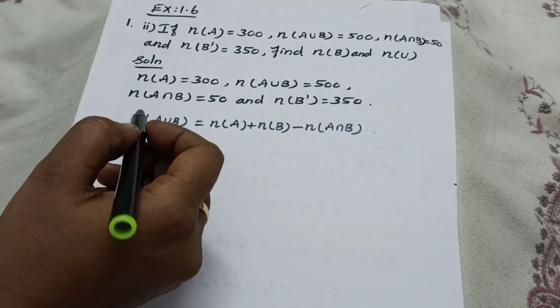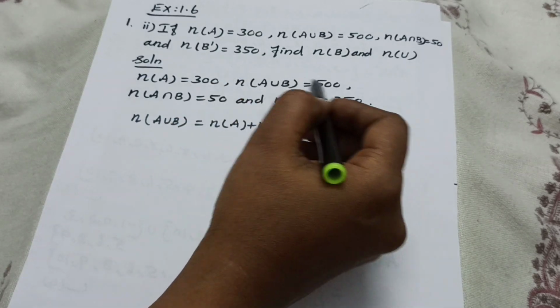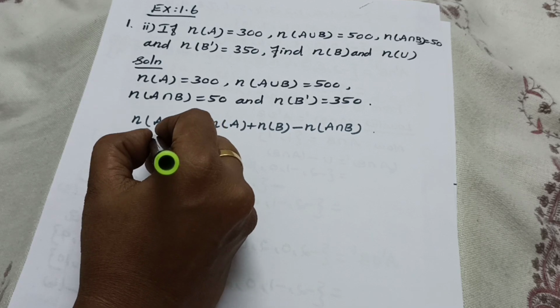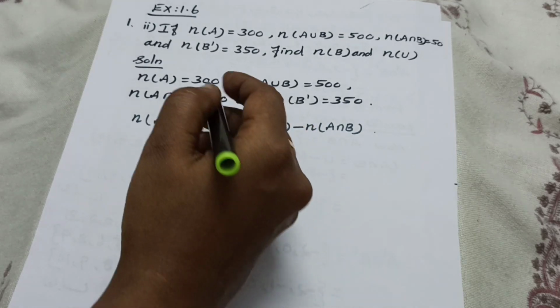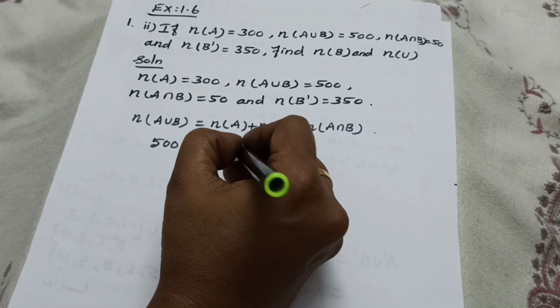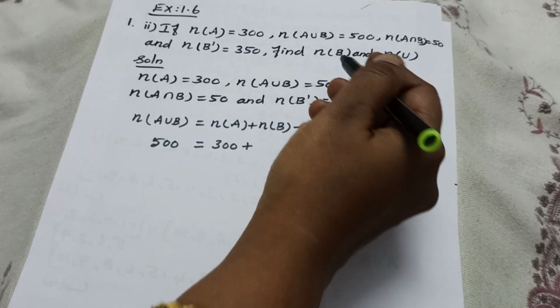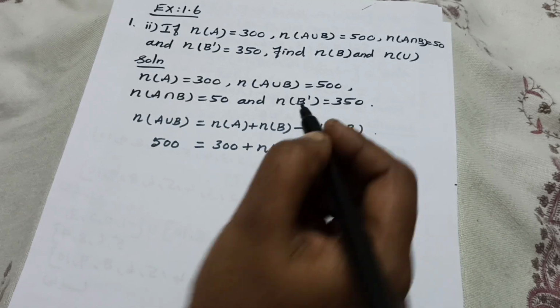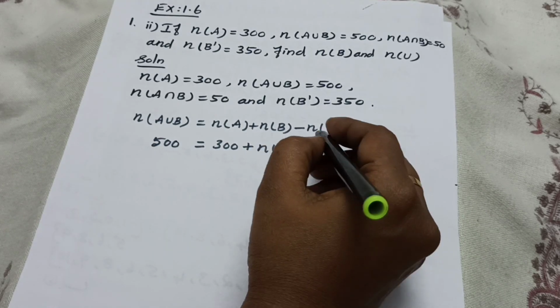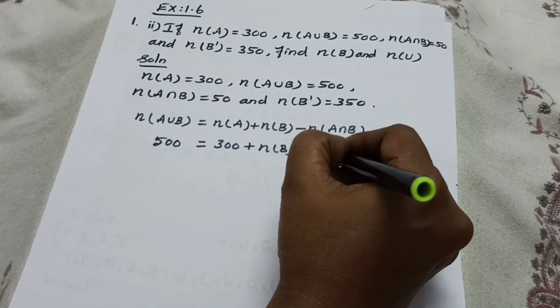Okay. Here n of A union B we know, isn't it? n of A union B is 500. This place we have to substitute: 500 is equal to n of A is 300. Okay. Plus n of B we don't know, isn't it? That n of B you have to find. n of B like that you write, minus n of A intersection B or 50.